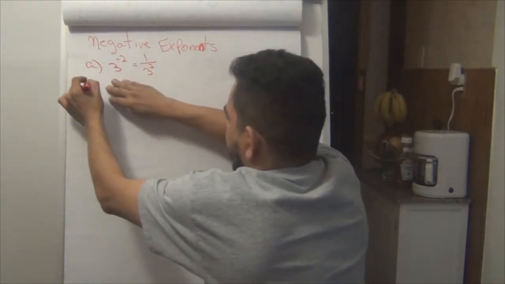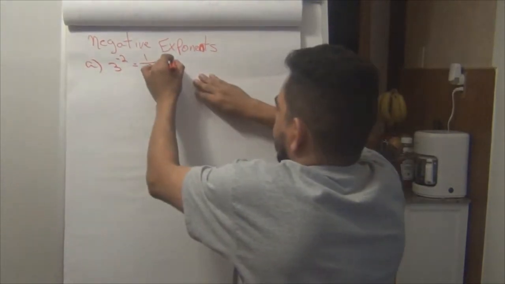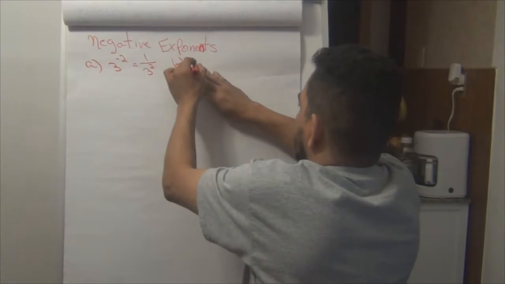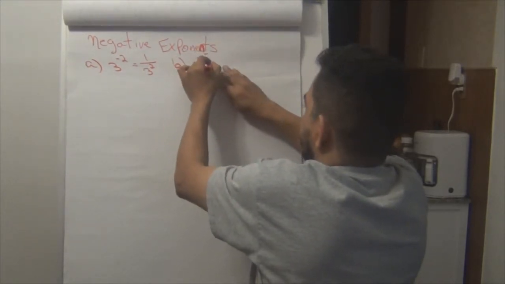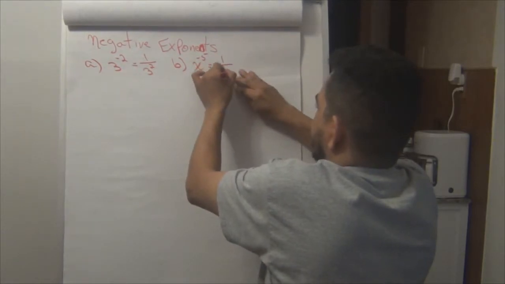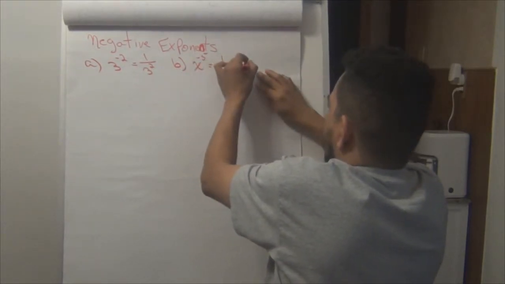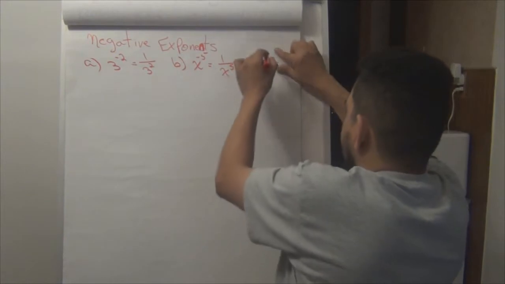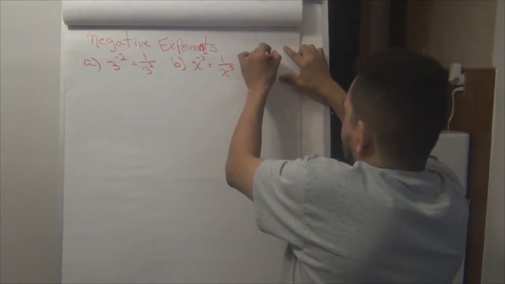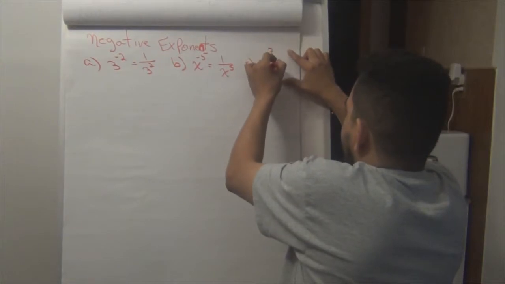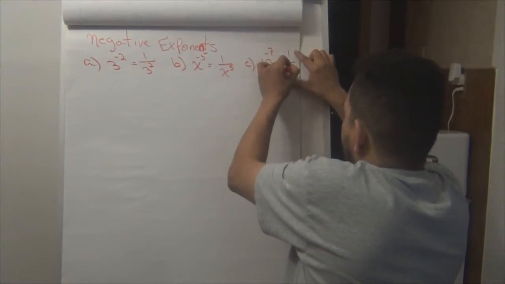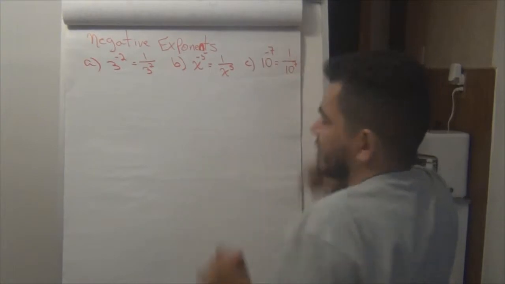If you have x to the negative 5, this is the same thing as 1 over x to the 5th. If you have 10 to the negative 7, this is the same thing as 1 over 10 to the 7th.